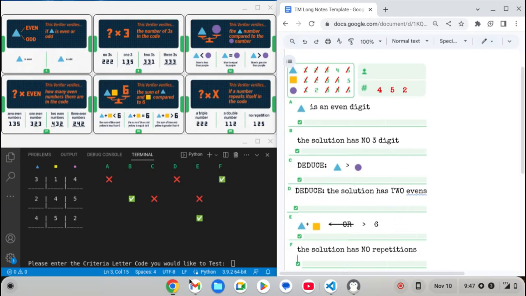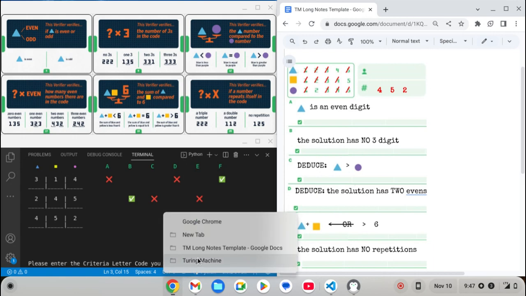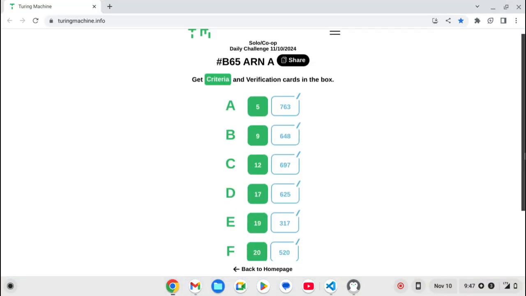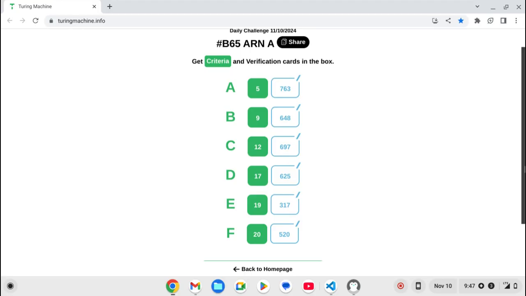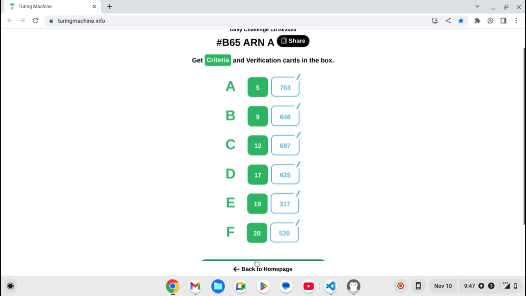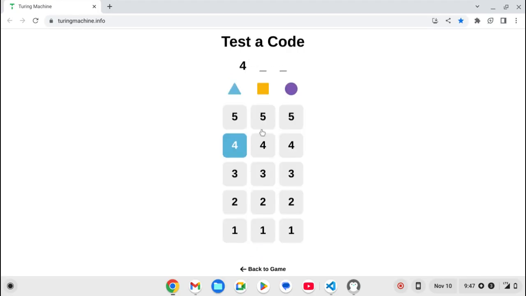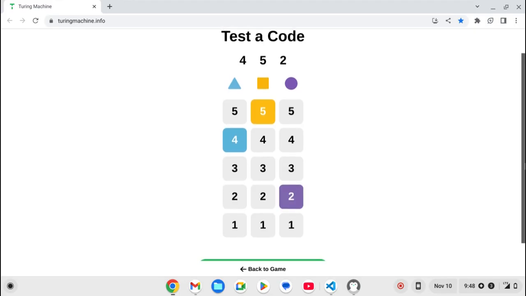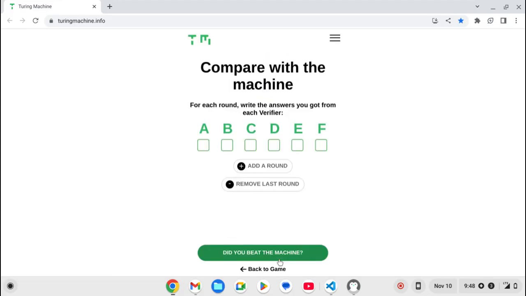And yep, there are no repetitions. So that looks like the winner. I'm just concerned whether we beat the Turing Machine or not. Well, first let's verify.